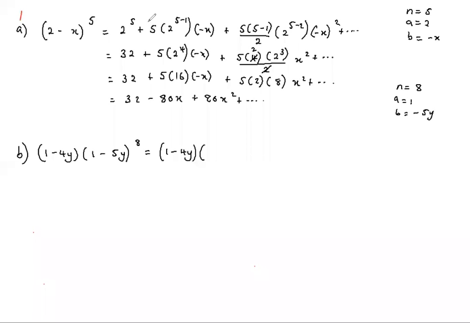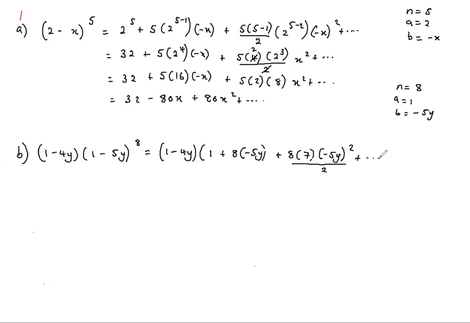So use this expression where we don't do anything to the 1. So we just say 1 plus 8, which is n, multiplied by negative 5y, plus 8, which is n, times (8 minus 1), which is 7, times negative 5y squared over 2.